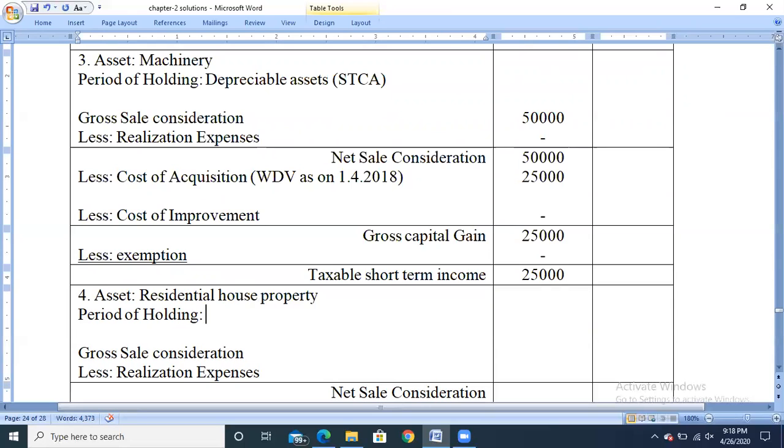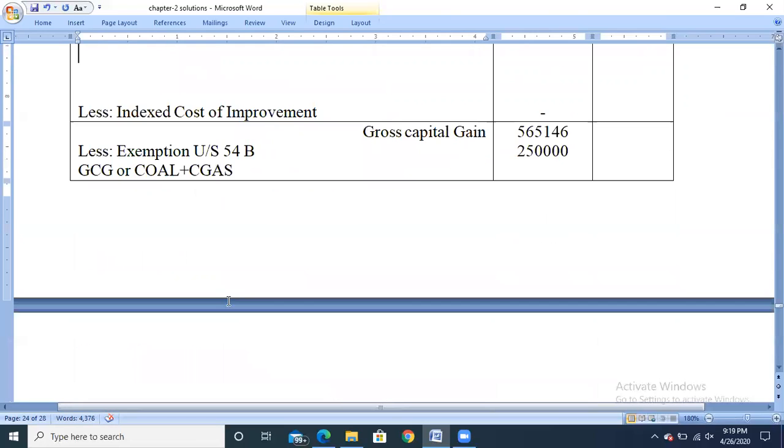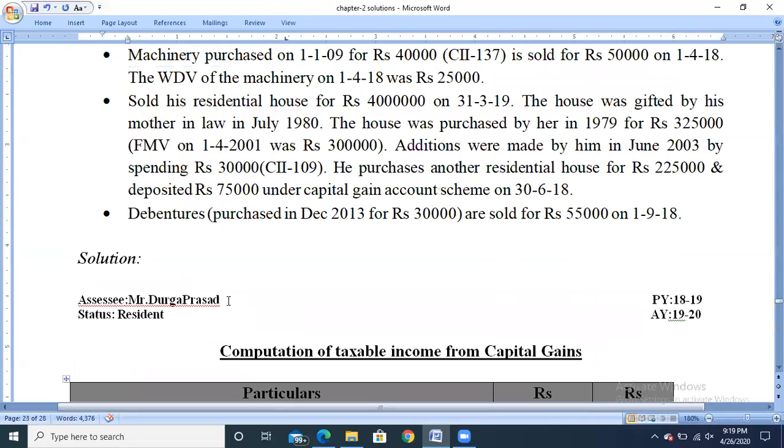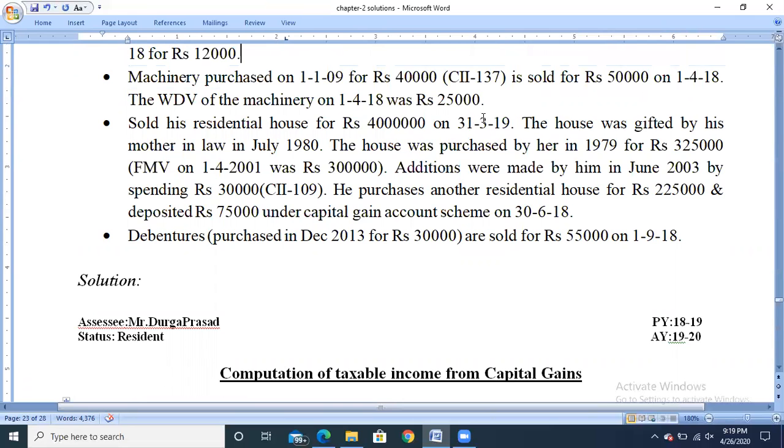The asset was purchased by the previous owner in 1979 and it has been sold on 31st March 2019.